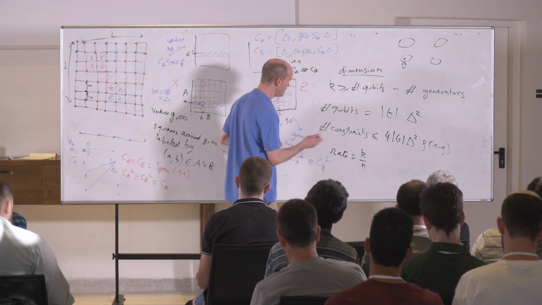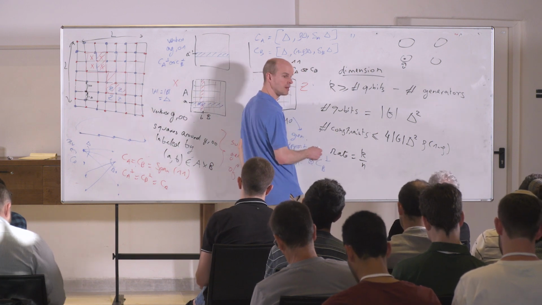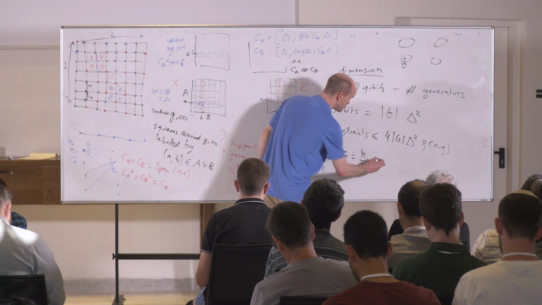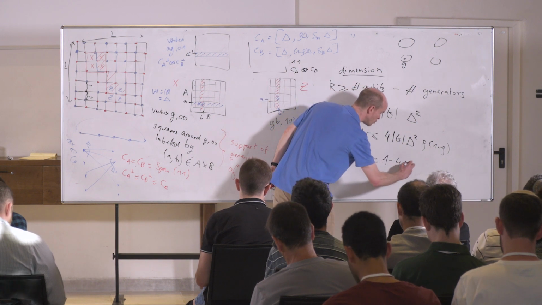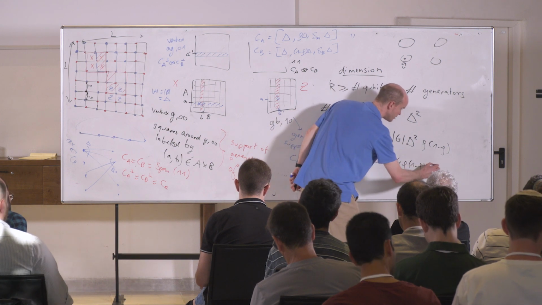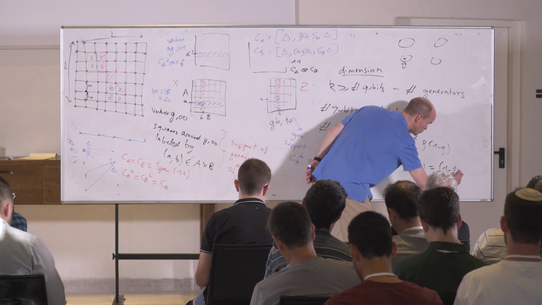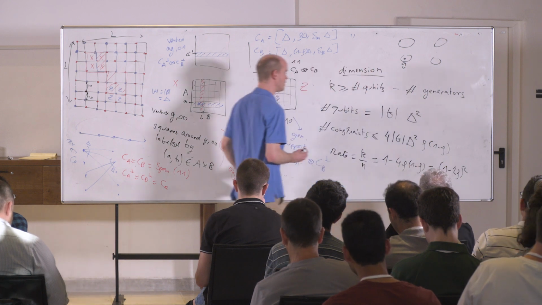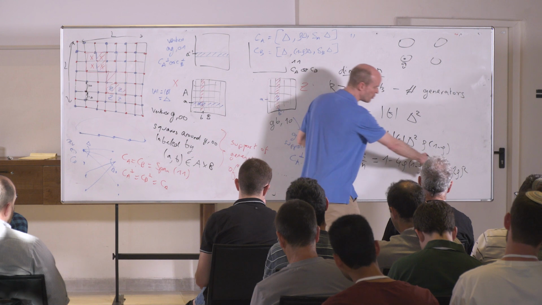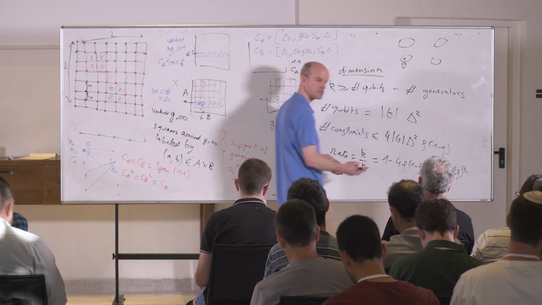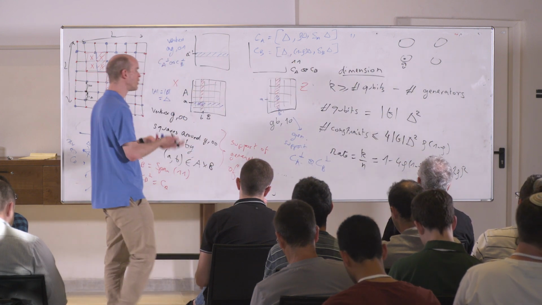So the rate of the code is at least, if you do the computation, 1 minus 4 rho (1 minus rho), and this is 1 minus 2 rho squared. So as soon as rho is different from 1/2, this rate is positive. So you have something with a linear number of qubits.